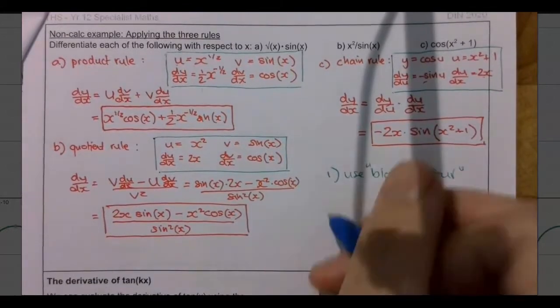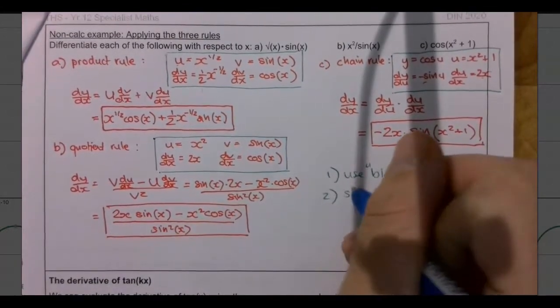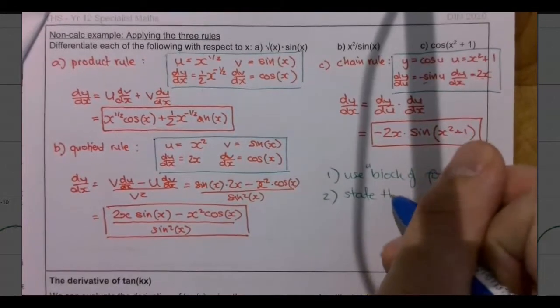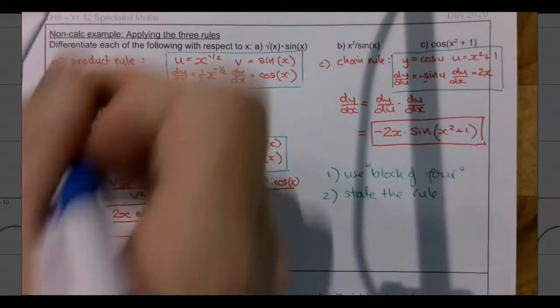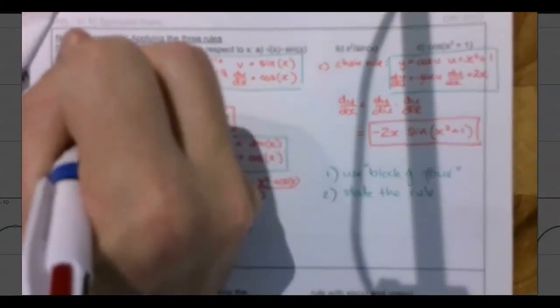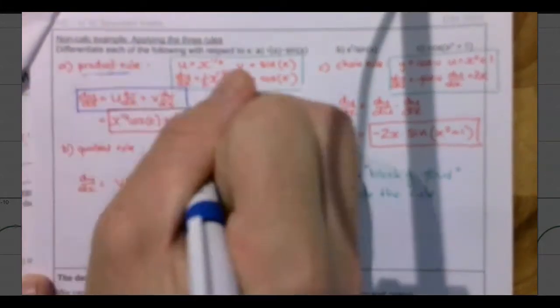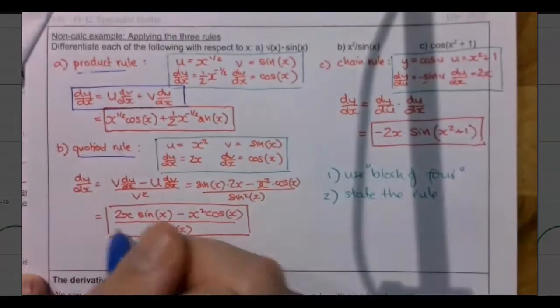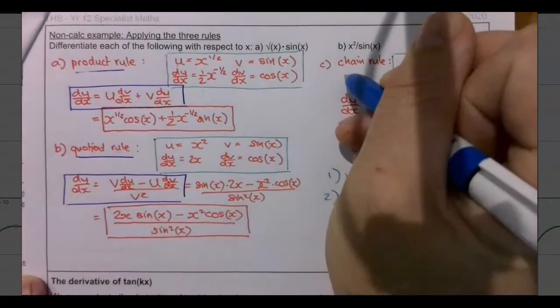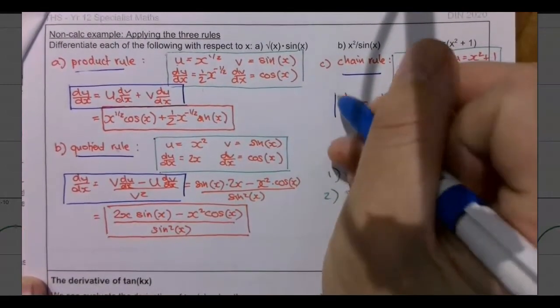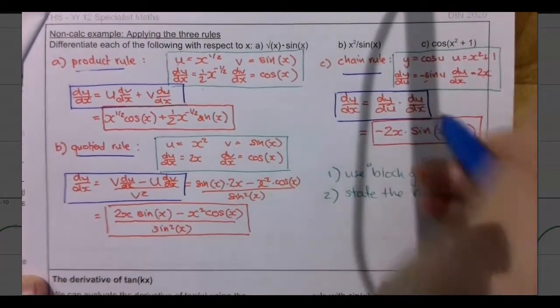The second thing is we should always state the rule. So you can see here, I stated that I'm using the product rule, and I've written the product rule out. You can see here, I stated I'm using the quotient rule, and I've written the quotient rule out. You can see here, I stated I've used the chain rule, and I've written the chain rule out.